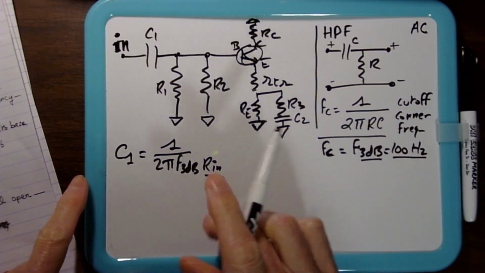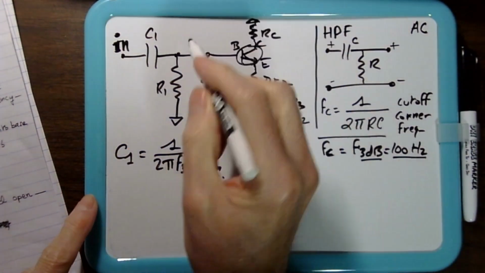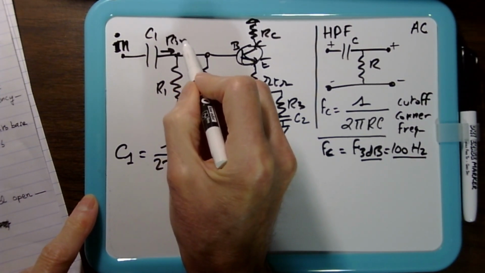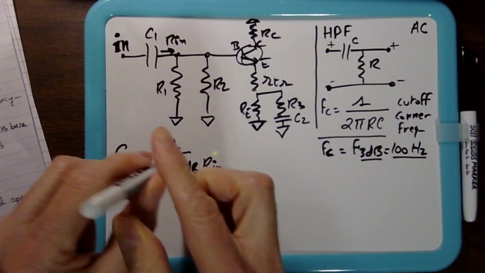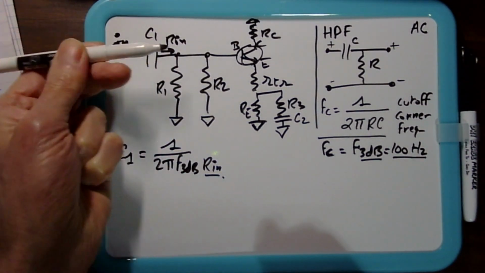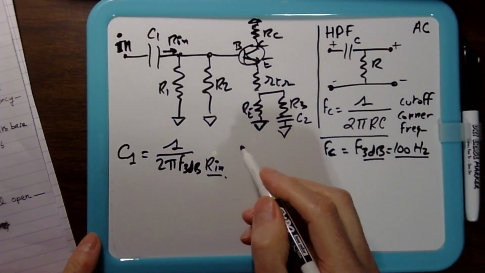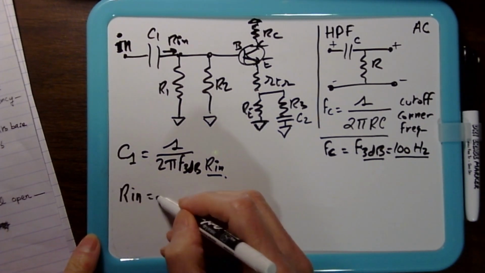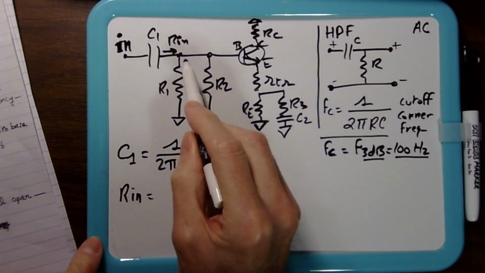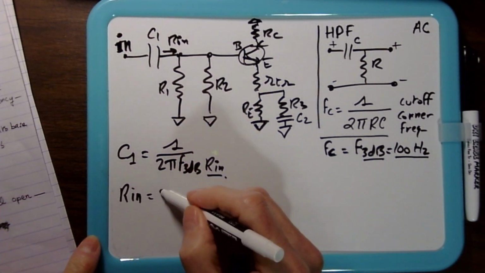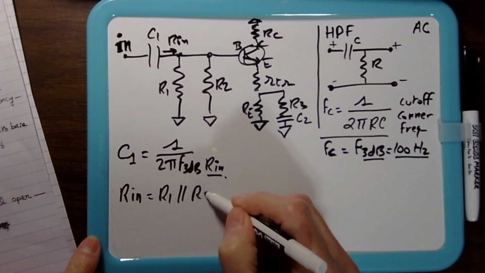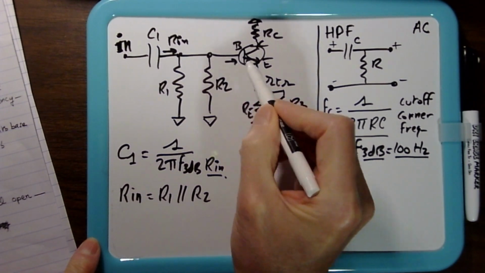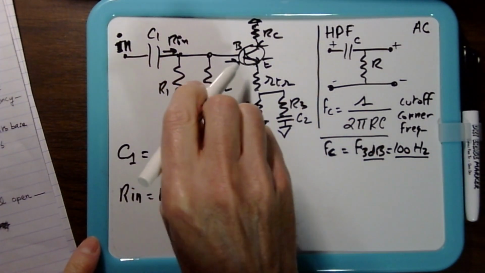It's R in, the resistance looking here. This is the R in. It's the resistance looking this way at this point. And so what is R in in our case? You have R1 in parallel with R2. And then you have this resistance here looking into the base.